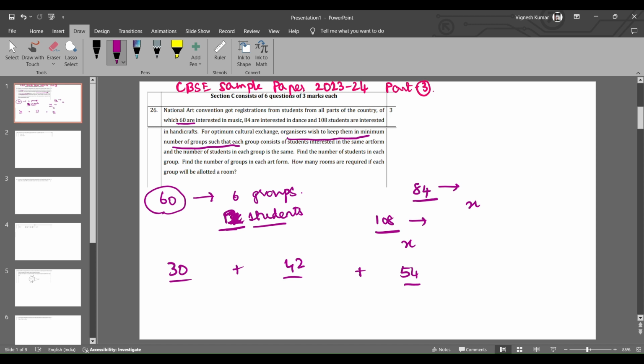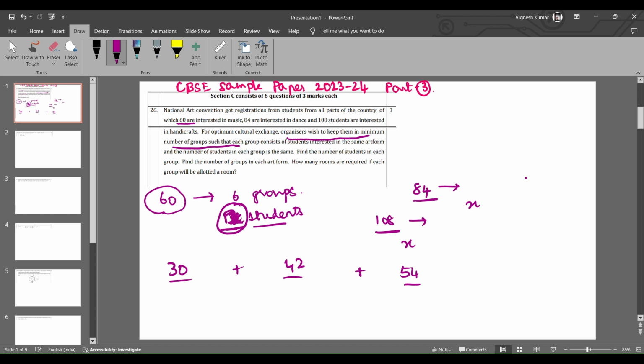So in order that the number of groups is minimum, this value should be high. At the same time, since the number of students in each group should be the same for all these three types of interest of the students, this number should also be divisible by 60, 84 and 108, and that's how we come into the concept of the highest common factor of 60, 84 and 108.